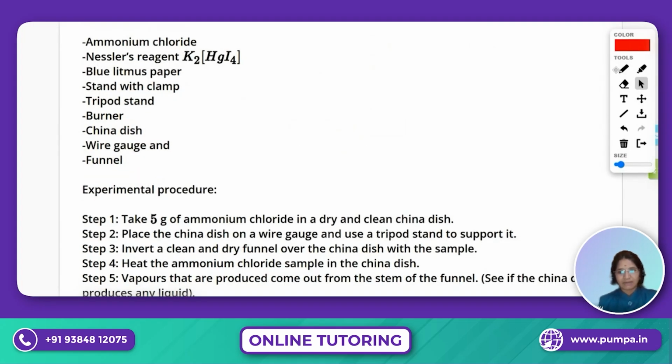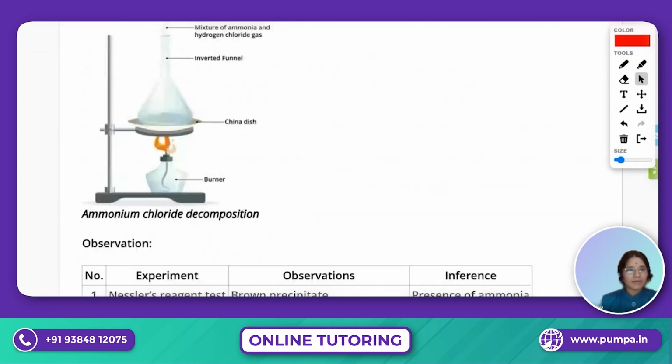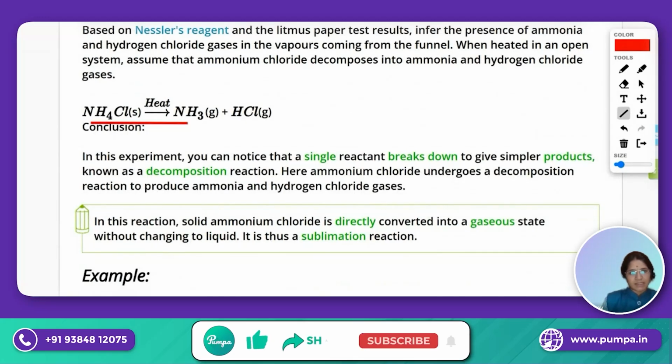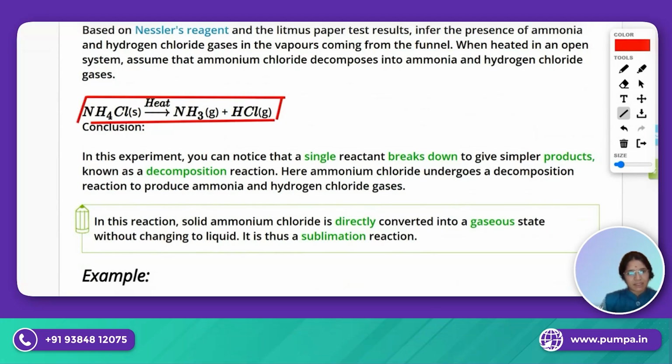In this activity, you need ammonium chloride, Nessler's reagent. Okay, Nessler's reagent na என்ன detail நான் உங்களுக்கு சொல்றேன் அடுத்த செஷன்ல. Okay, so this is another example. You just note down the example. We will discuss from this example in the next session. இந்த எக்ஸாம்பிள் நோட் டவுன் பண்ணிக்கோங்க. நெக்ஸ்ட் செஷன்ல உங்களுக்கு இதோட எக்ஸாம்பிள் எக்ஸ்பிளைன் பண்ணி we will start our session. Okay.